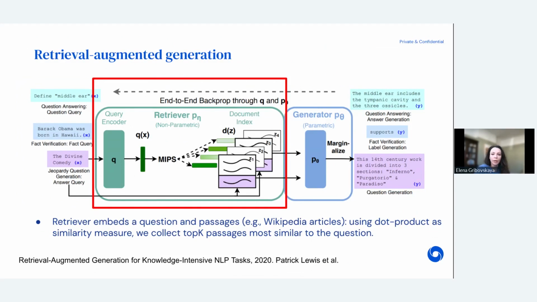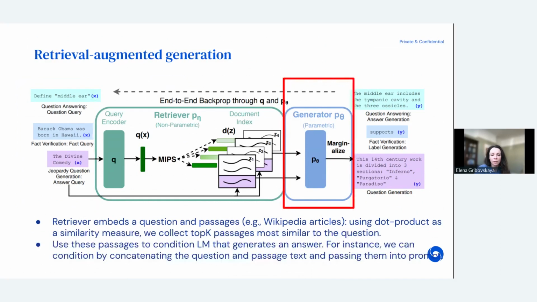Then we use a dot product as a similarity measure to find passages that are most similar to the question. We collect the top k passages, and then we go back to our language model. We use the retrieved passages to condition the language model that generates an answer. For instance, we can condition by concatenating the question and passage text and passing them into the prompt.